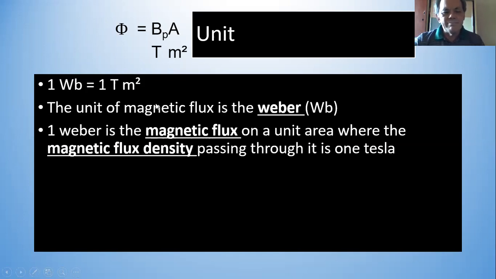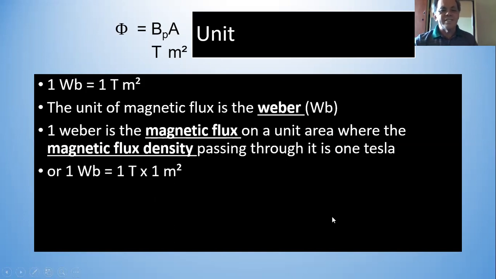We say 1 Weber is the magnetic flux through a unit area, meaning 1 meter square, where the magnetic flux density passing through is 1 Tesla. Sometimes the examiner will accept that short form, same thing as writing it down.